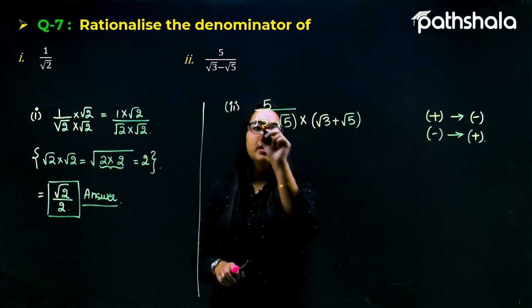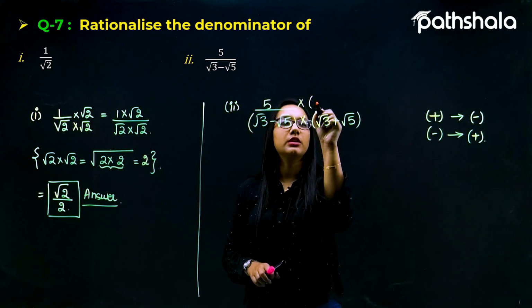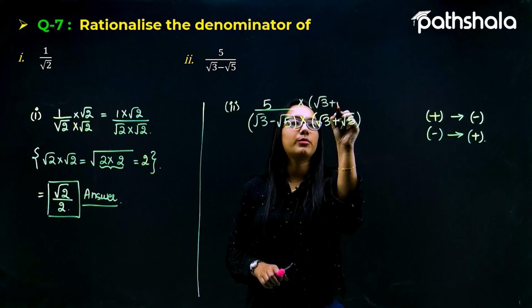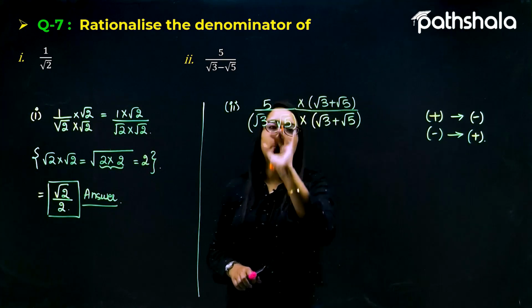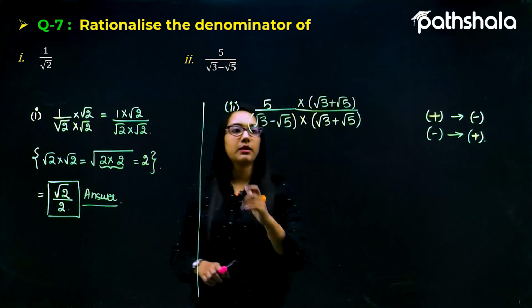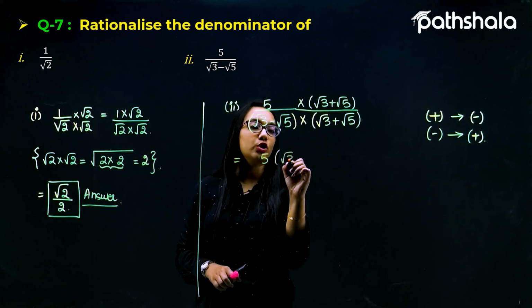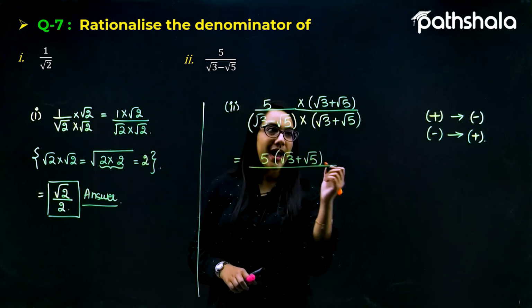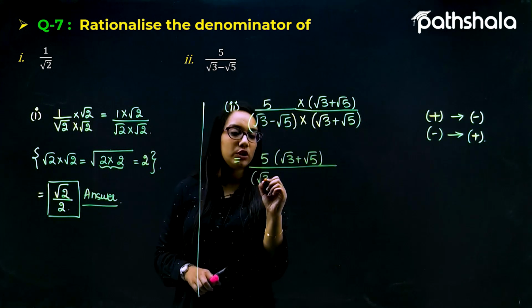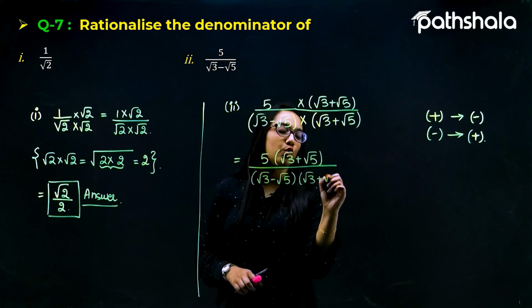Further, in order to balance it, we multiply the numerator by the same number, square root 3 plus square root 5, so that we balance the question. It is 5 into root 3 plus root 5, and in the denominator we have root 3 minus root 5 into root 3 plus root 5.